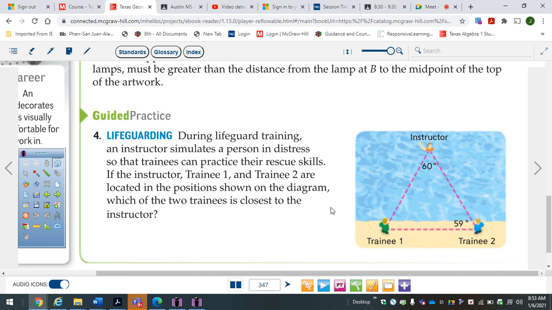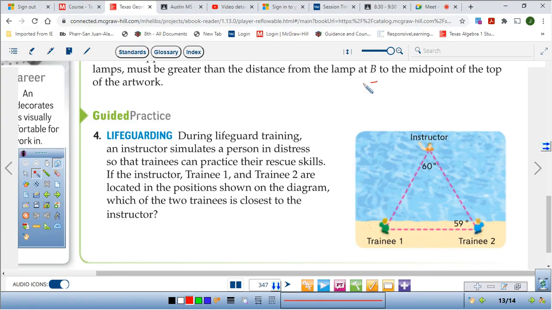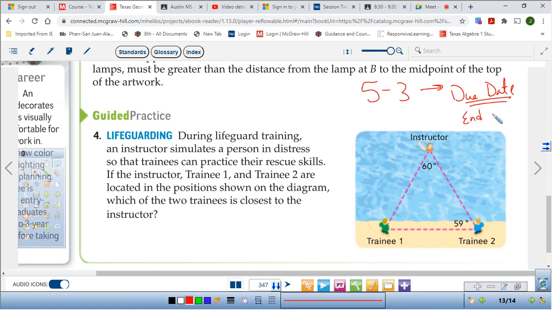So what's going to happen now is you have an assignment on Alex. On Alex, I named the assignment after the section in the book, 5.3. So it's called 5.3. Guys, it has a due date at the end of the month, but I'm going to pick up the grades this week.